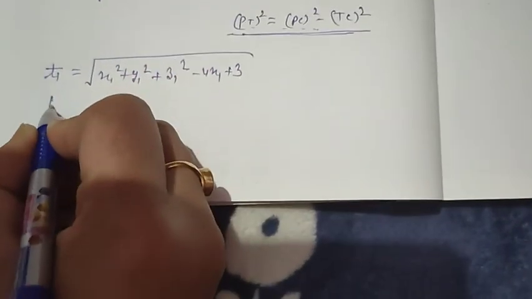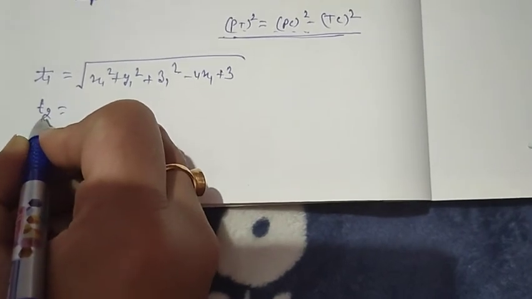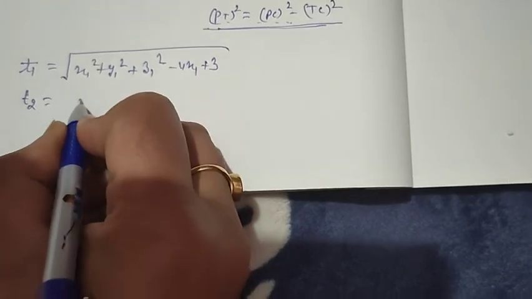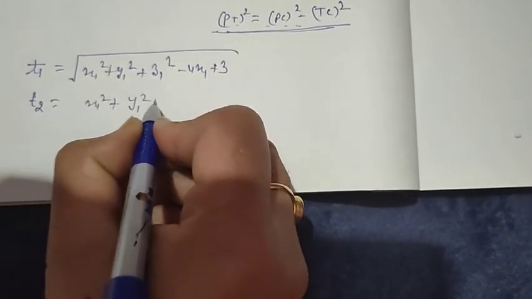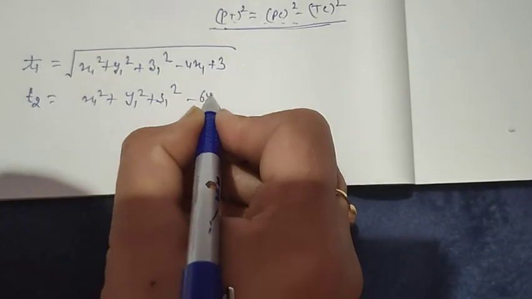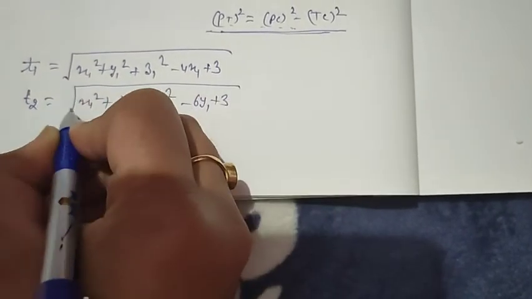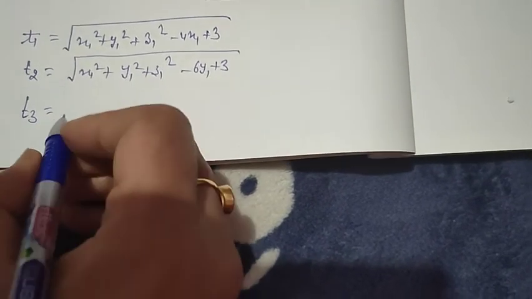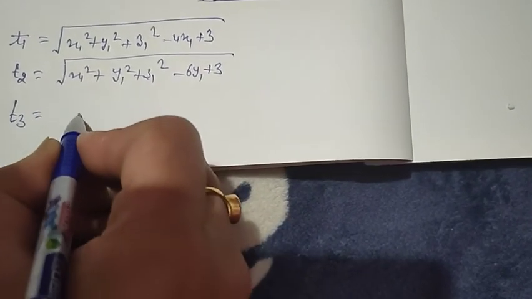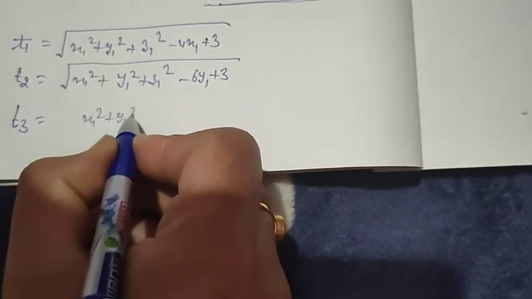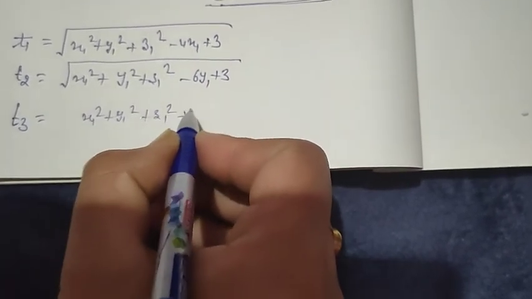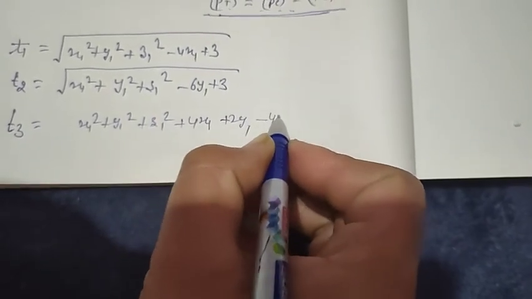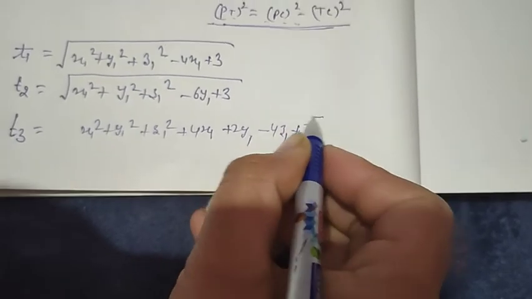Similarly T2, the length of tangent from the point P to the second sphere, is the square root of x1 square plus y1 square plus z1 square minus 6y1 plus 3. Similarly, the length of tangent to the third sphere is the square root of x1 square plus y1 square plus z1 square plus 4x1 plus 2y1 minus 4z1 plus 3.